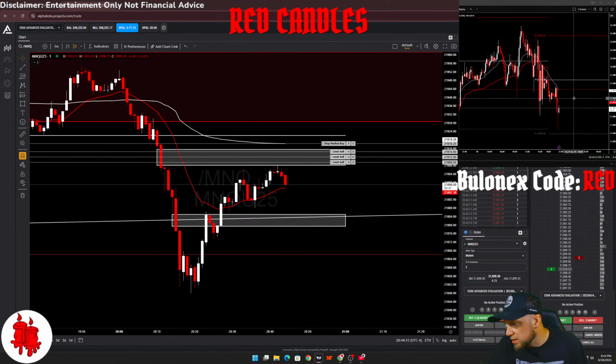Alright, so on the 15-minute, it might want to come back and retest 21924. Not retest, but fill gap. 924.